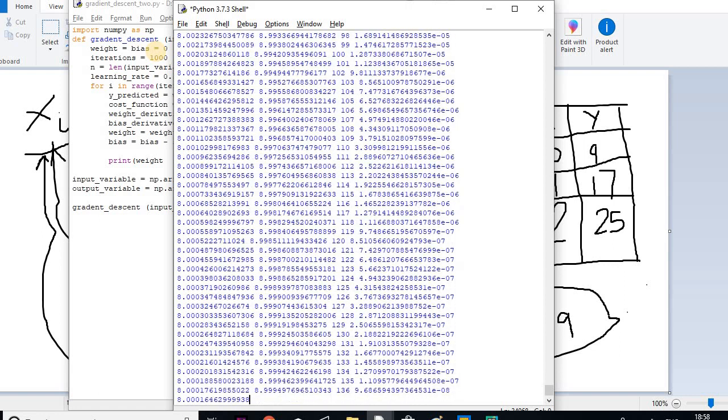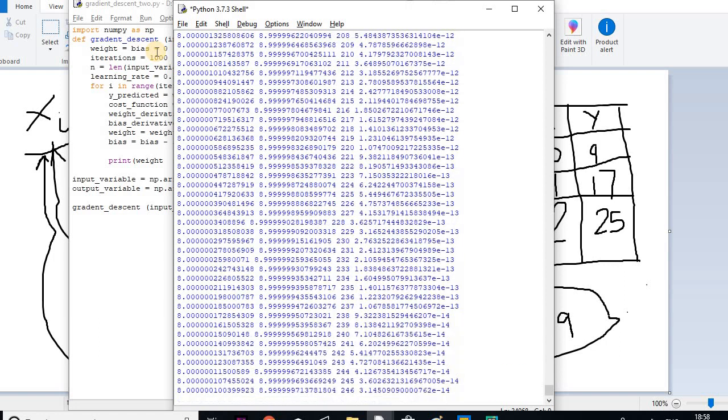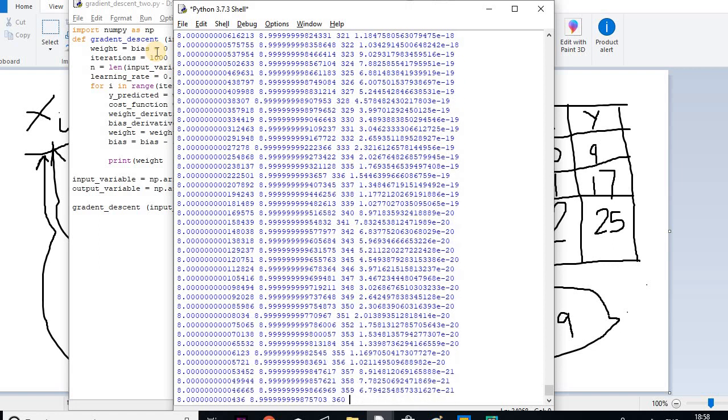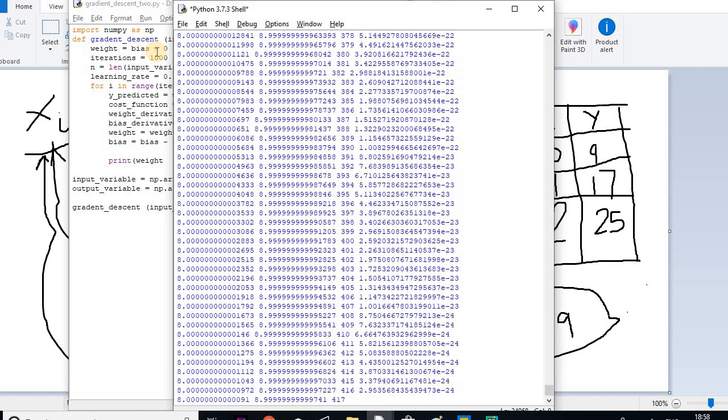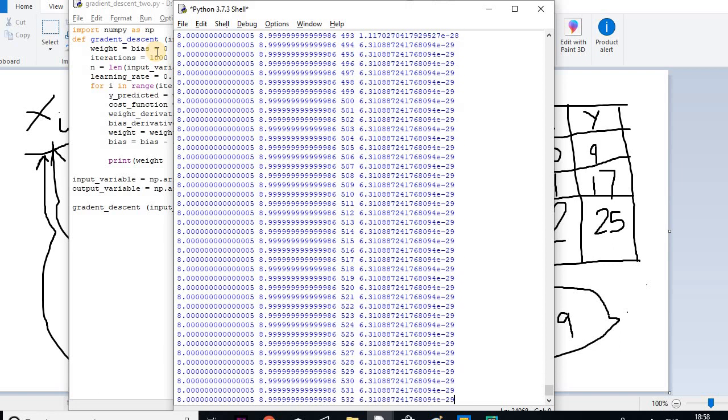Here also it's decreasing only, it's in between 0.1 and 0.11 and 0.13. So this is the way we need to optimize this. See, the weight and bias you can also see is 8.000 and 8.999.